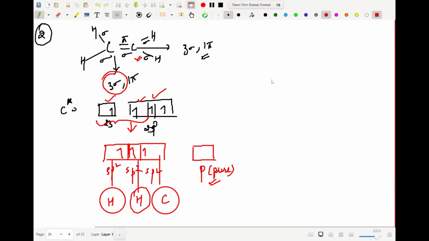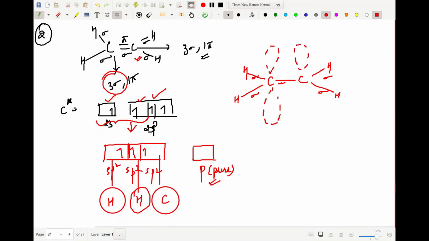So this is the structure in which these are my sigma bonds, the sp2 hybridized bonds, and every carbon is going to be left with one unhybridized p orbital, which is going to be used for sideways overlap, because we need to form a pi bond, right? So this is the structure of the ethene molecule.